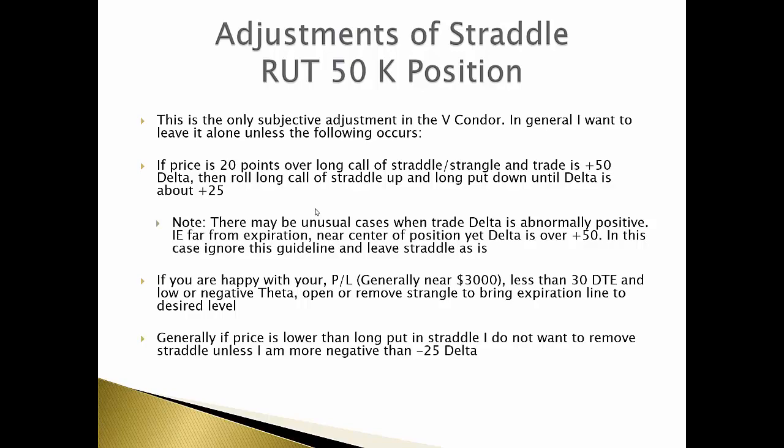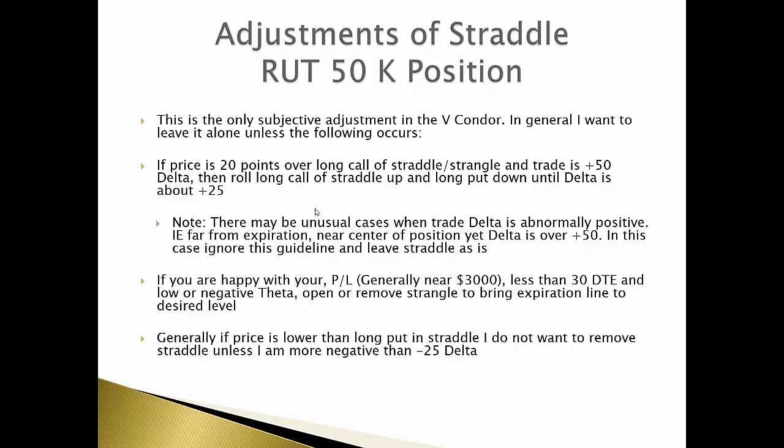The other thing that we might run into here with a V Condor is that we have that straddle. This trade goes under the premise that I enter the trade and I'm not going to be here near the end of the trade. In the event you are there near the end of the trade, then the straddle can cause some problems. Obviously, it's cost you a lot of money.